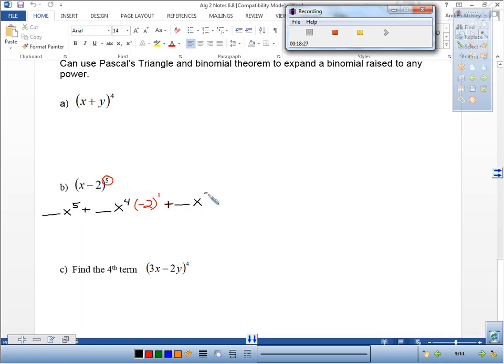X goes down by 1. Now my second term, negative 2, goes up by 1. Then I have another blank. Then I get x goes down by 1, and 2 goes up by 1.